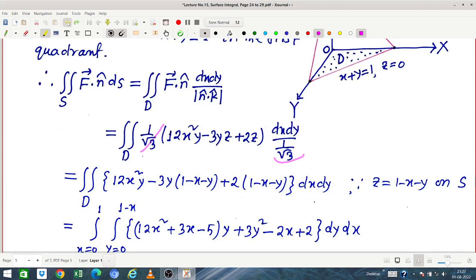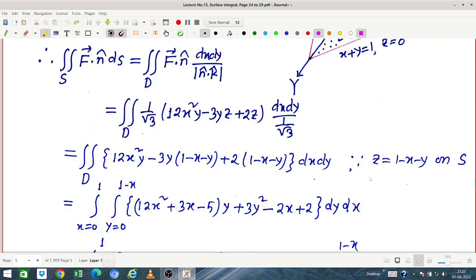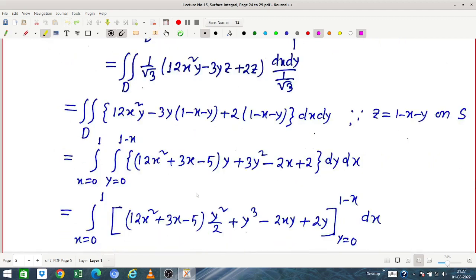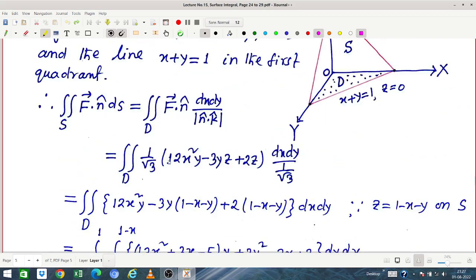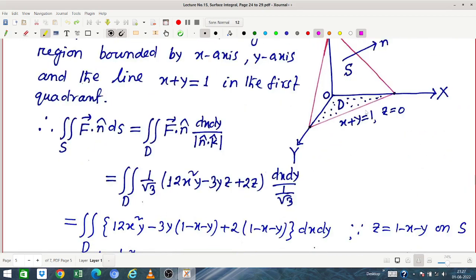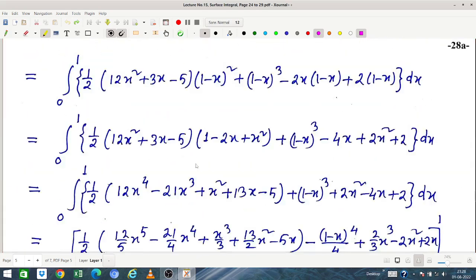Finally, on this surface z is 1 minus x minus y, so z is to be replaced by 1 minus x minus y, and we integrate after some simplification. The limits for x are 0 to 1 and the limits for y are 0 to 1 minus x.